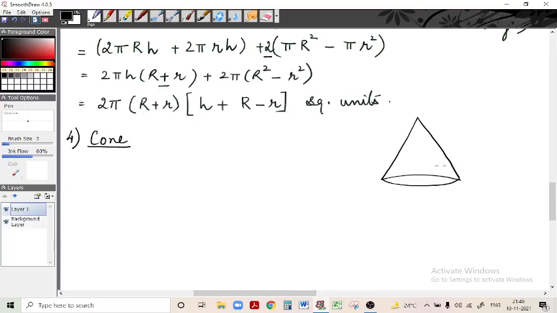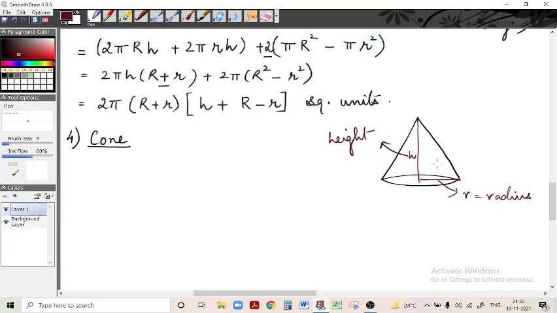So here in this case, this part is our radius, and this is the height of the cone, which we denote by h.